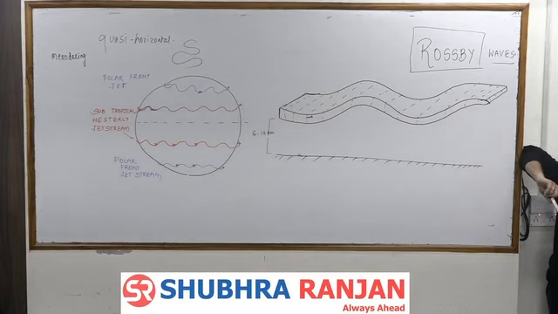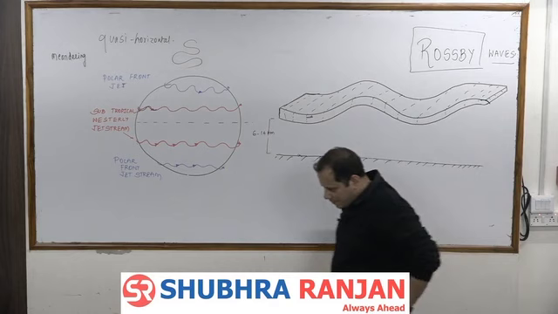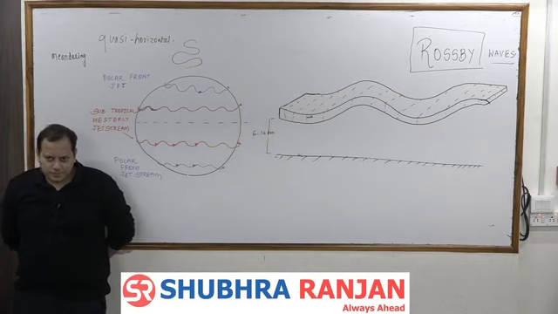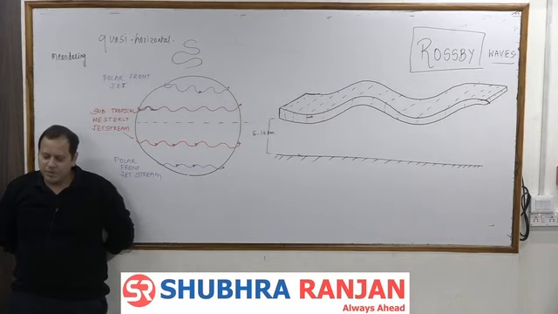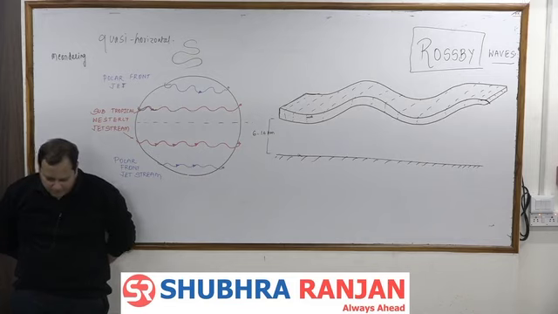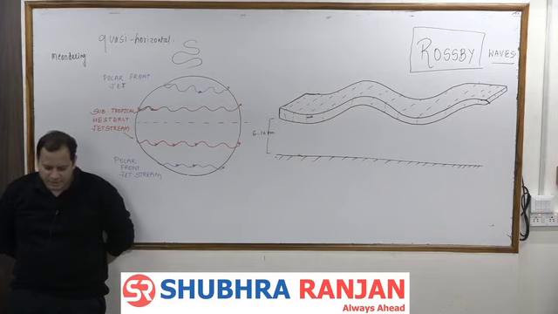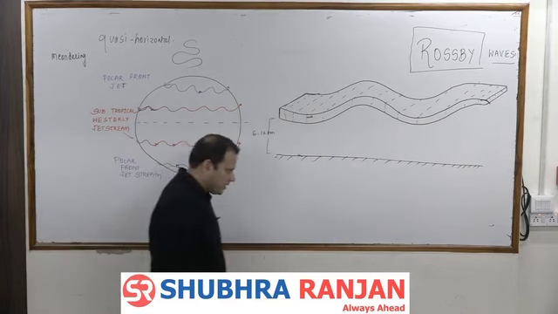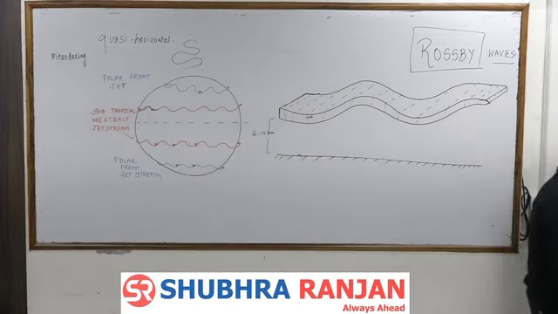Jet streams are stronger during the winter season, because the temperature difference between two air masses is greater during the winters.